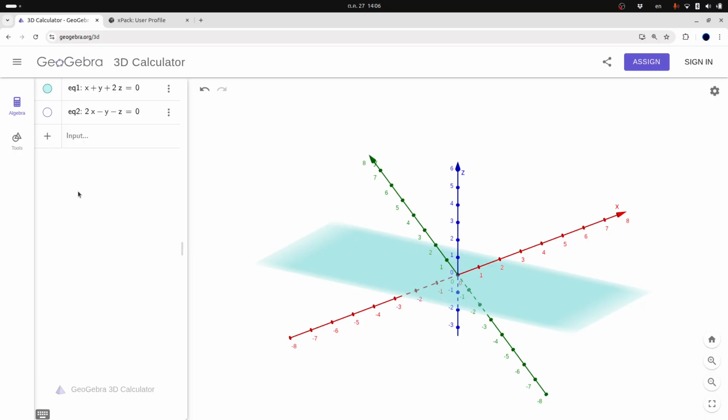So why does it look like a plane? Because this equation has three variables.